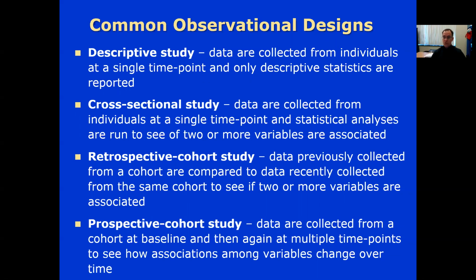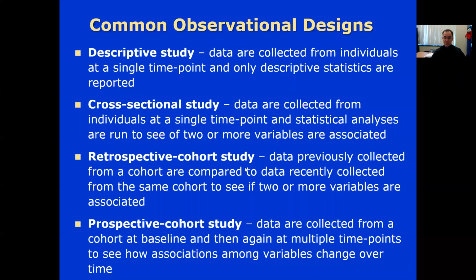And then you would draw a conclusion, an association potentially between smoking and lung cancer. You obviously wouldn't randomize individuals to a group of smokers and then follow them over time. That'd be unethical, knowing what we know about the disease-causing aspects of smoking. But this retrospective cohort study will allow you to take data that's been previously collected and compare it to data that's collected today or recently.